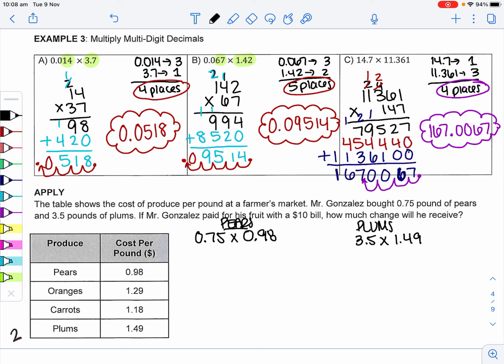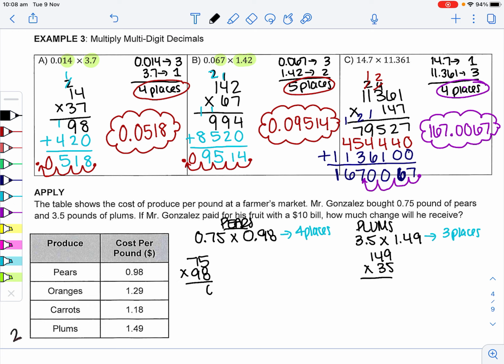So for the pears, I'm going to have 4 decimal places, because each number has 2. And then over here, I'm going to have 3 places because the first number has 1 and the second number has 2. So now I can do my multiplication. So I'm going to do 75 times 98. And over here, I'm going to do 149 times 35.